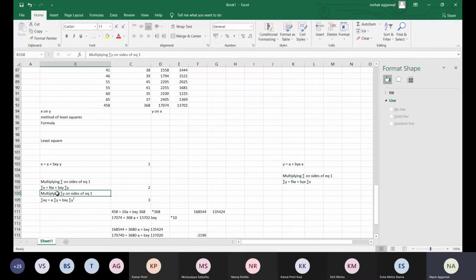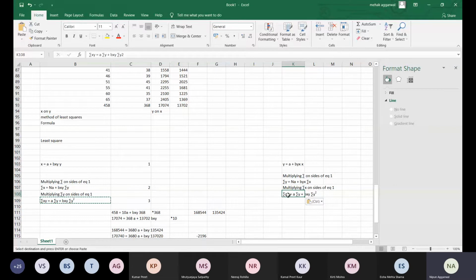Now the second equation can be found by multiplying. There we multiplied by sigma y on both sides; here we multiply by sigma x on both sides. So the next equation becomes summation xy is equal to a summation x plus byx summation x square. So this becomes the two equations now.